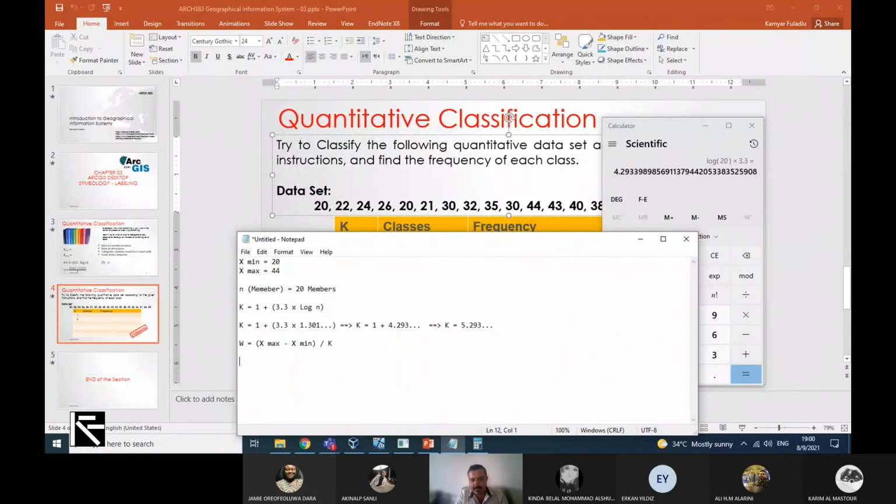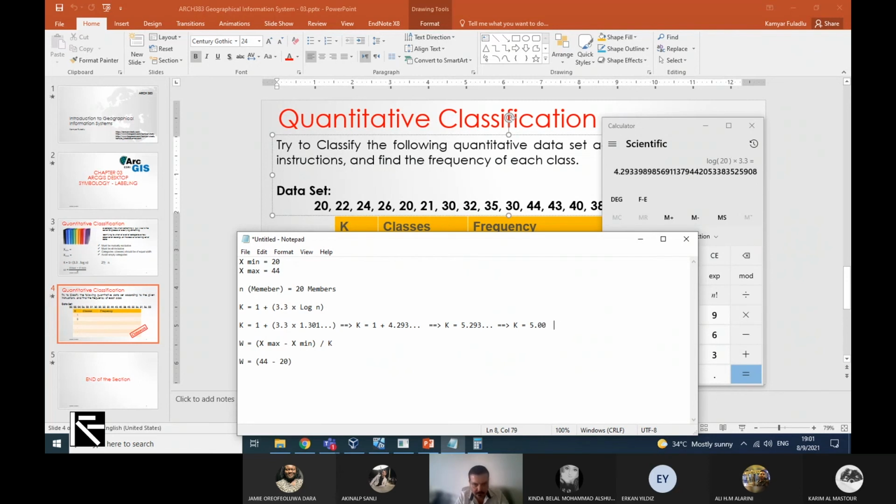We will say that W equals X max, which is 44, minus 20, divided by K. One important thing for you: always round K to the first digit. It means that here K equals 5.